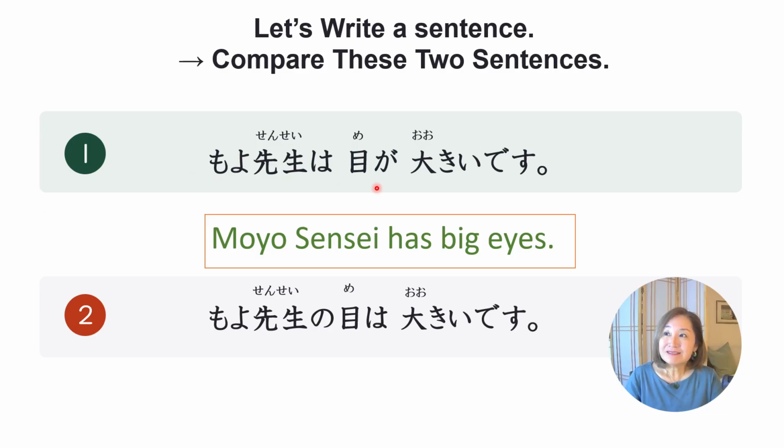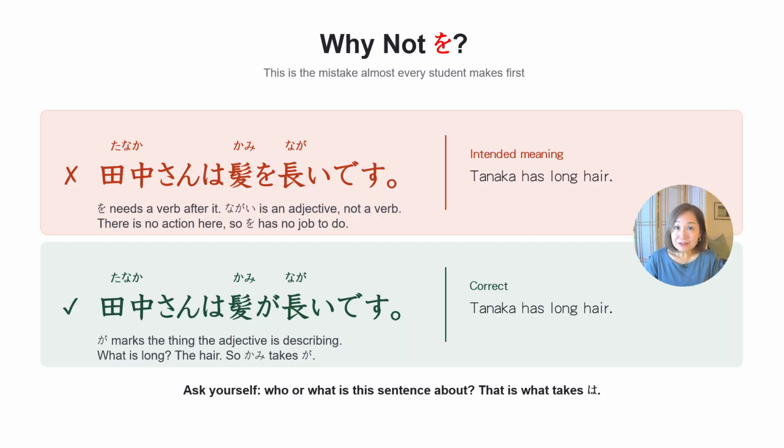X は Y が something です。Now, how about particle を? Can we use an object marker particle を here? Some of you might want to say, 田中さんは髪を長いです。Because in English, we say he has long hair, and has feels like a verb with an object.